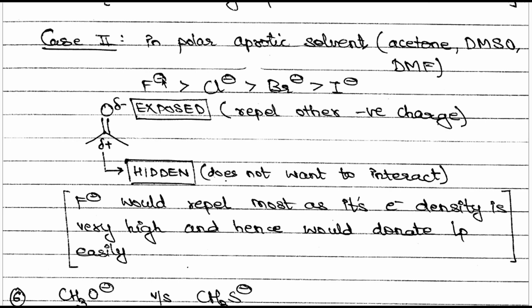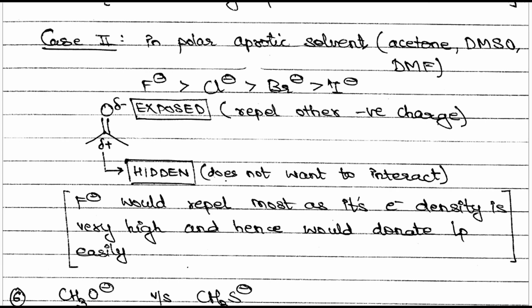So this negative charge would be repelled more by the exposed negative charge of the acetone. Similar is the case for dimethyl sulfoxide, dimethyl formamide, or even acetonitrile. Because of the higher repulsion, the tendency to donate lone pair here would be higher for fluoride, and down the group it will go on decreasing.